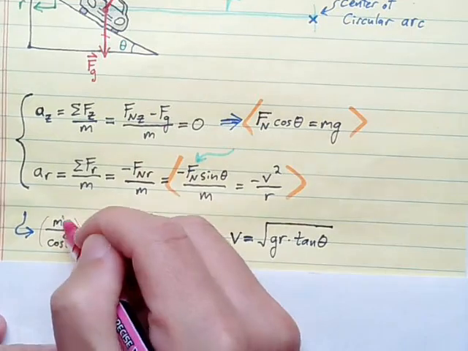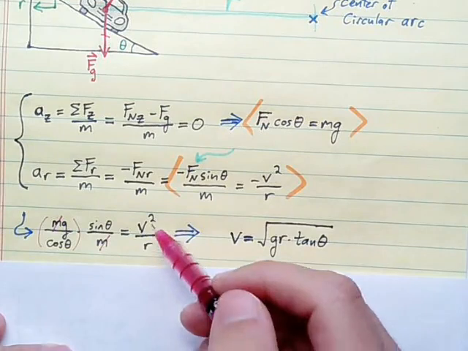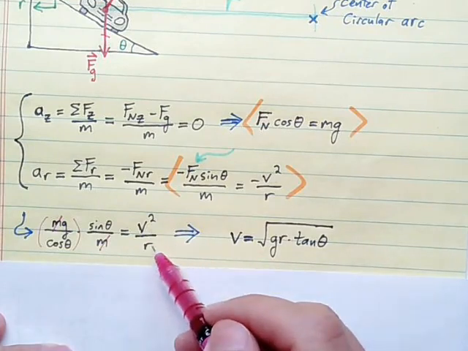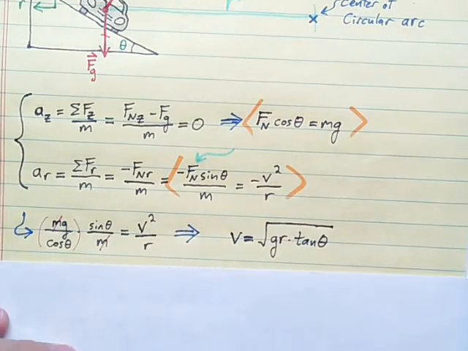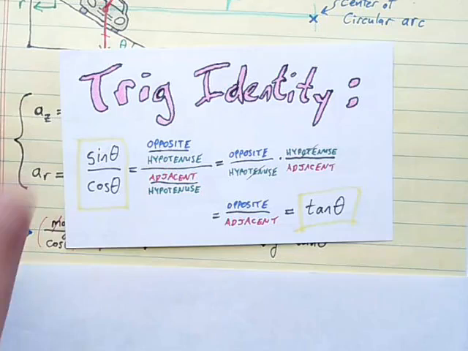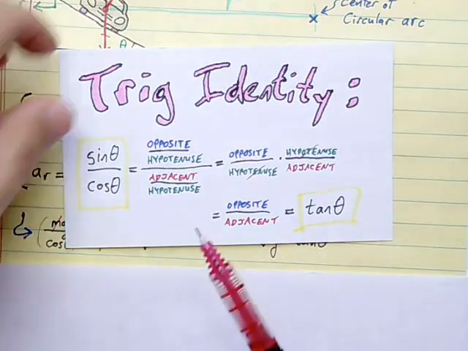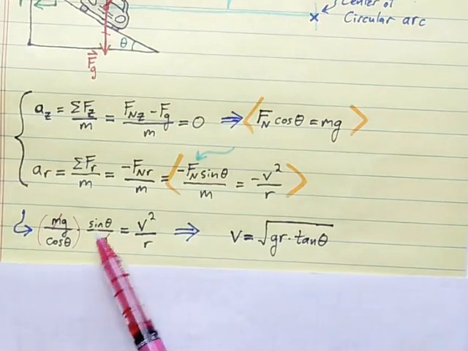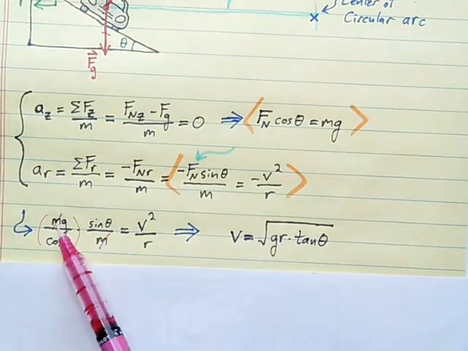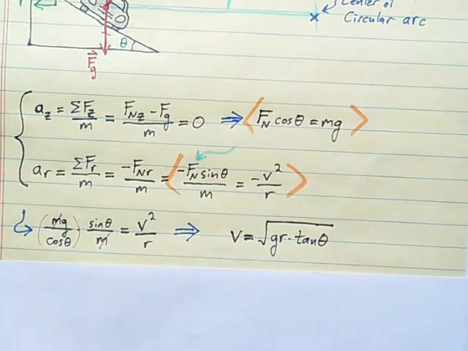And then we have mass canceling out. And finish solving for v just by multiplying both sides by r and then taking the square root. Oh, one more thing. I have sine theta over cosine theta there. Recall your trig identity that sine over cosine is equivalent to tangent theta. So we'll replace sine over cosine with tangent, and we will have the square root of g times tan theta times r. That's our result right here.